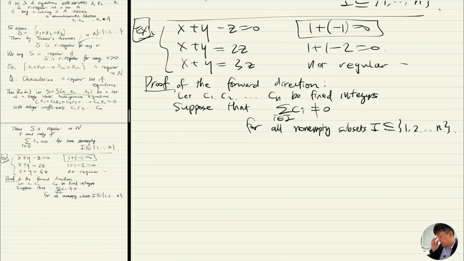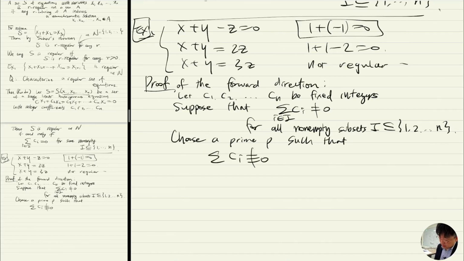Now what we're going to do is choose a prime p such that this is non-zero modulo p. Well, we're talking about only finitely many values. The number n is fixed, right?